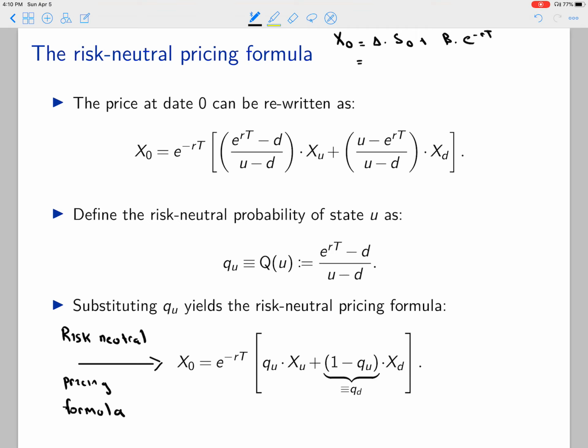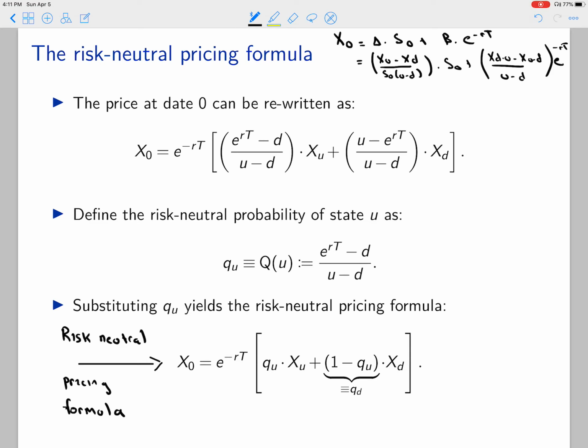If you plug in your formulas for delta and beta, you get X sub U minus X sub D over S sub 0 times U minus D, times S sub 0, plus X sub D times U minus X sub U times D over U minus D, times e to the negative RT.